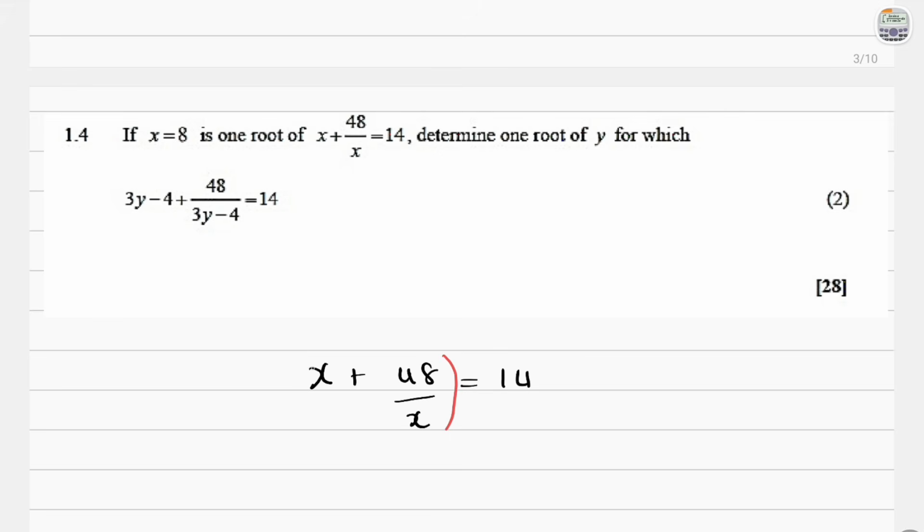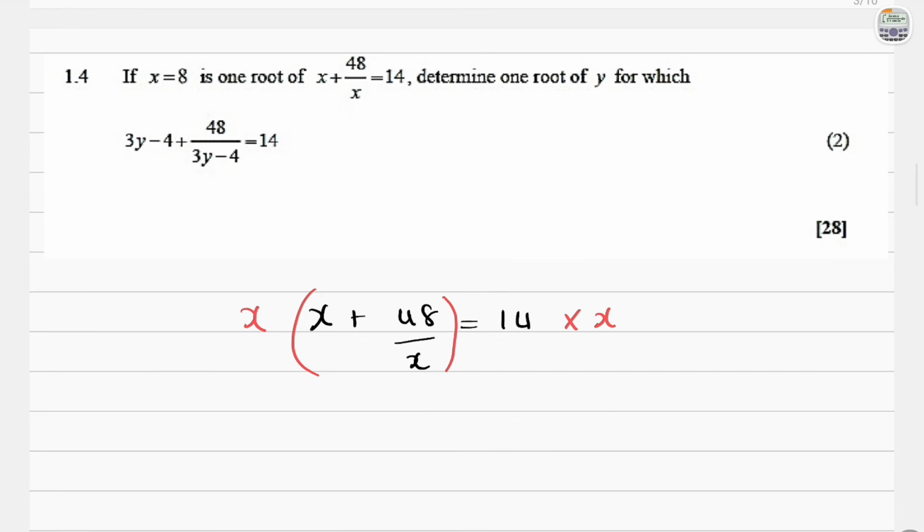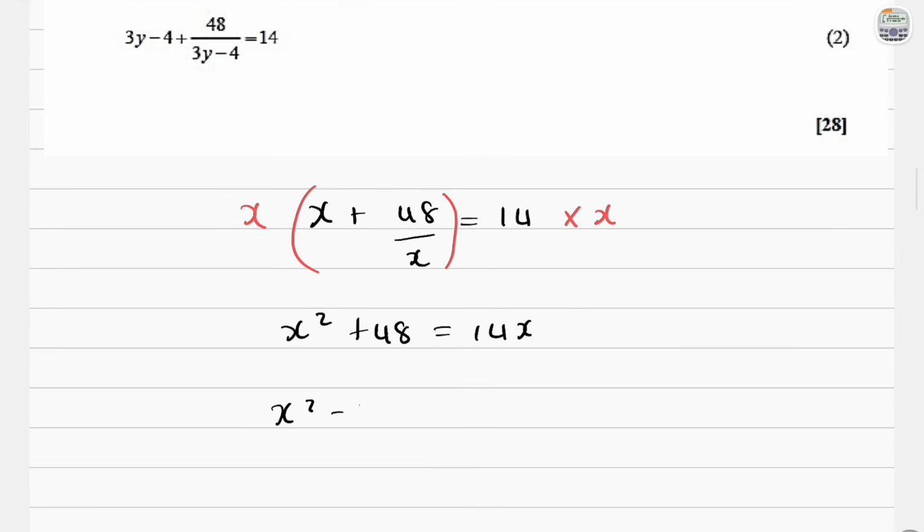But when you do that, if you multiply by x on this side, you have to do the same on this side. I'm just showing you that this is quadratic. It may not even be useful. So if you multiply in, you have x squared, and the x cancels with the denominator, and you have positive 48 is equal to 14x. And when you transpose it, we have a quadratic equation.